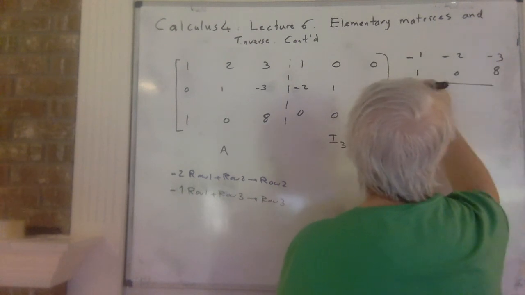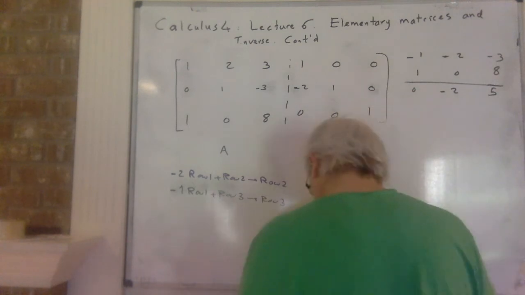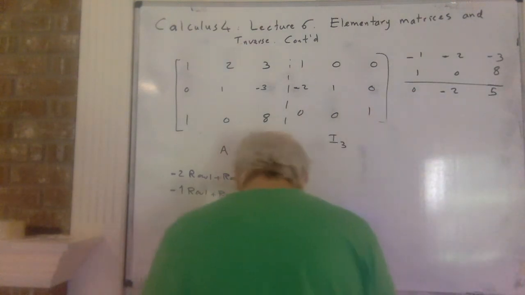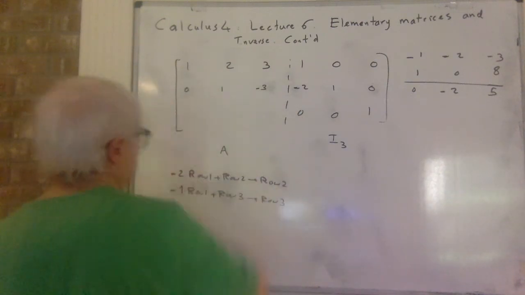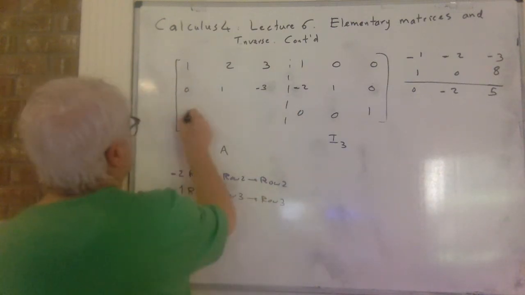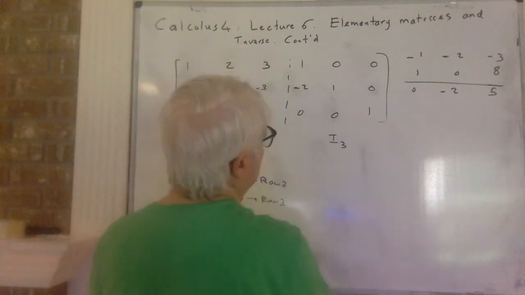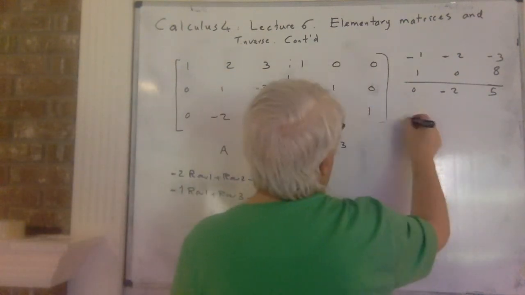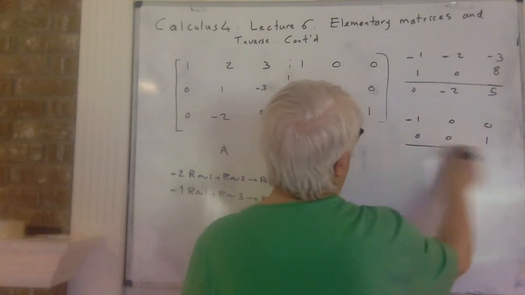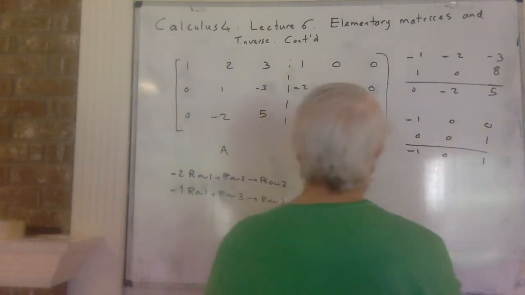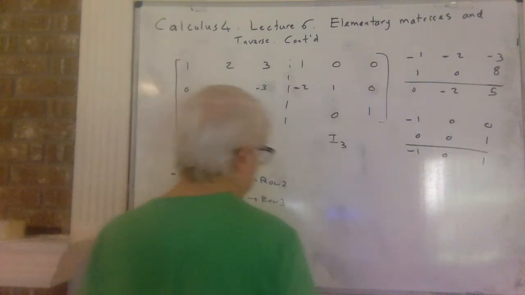So that's 0, -2, and 5. Now what happens here? I have -1, 0, 0, 0, 0, 1. That's the third row. -1, 0, 1.